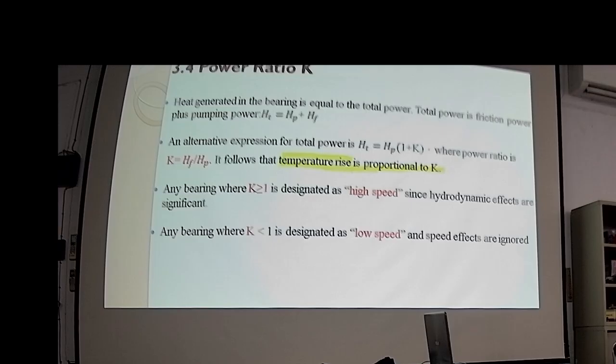So we need to know the total heat generation or power generation for the hydrostatic bearing system.